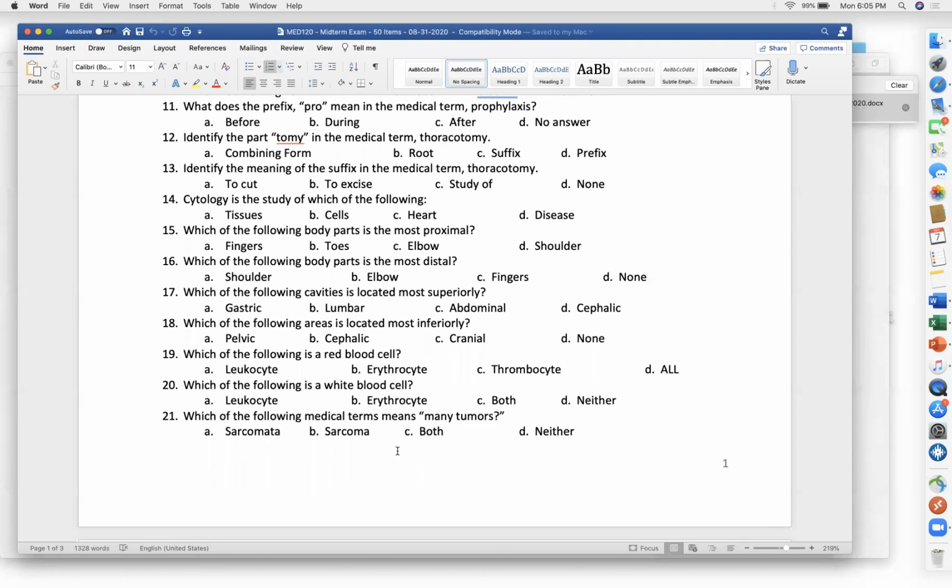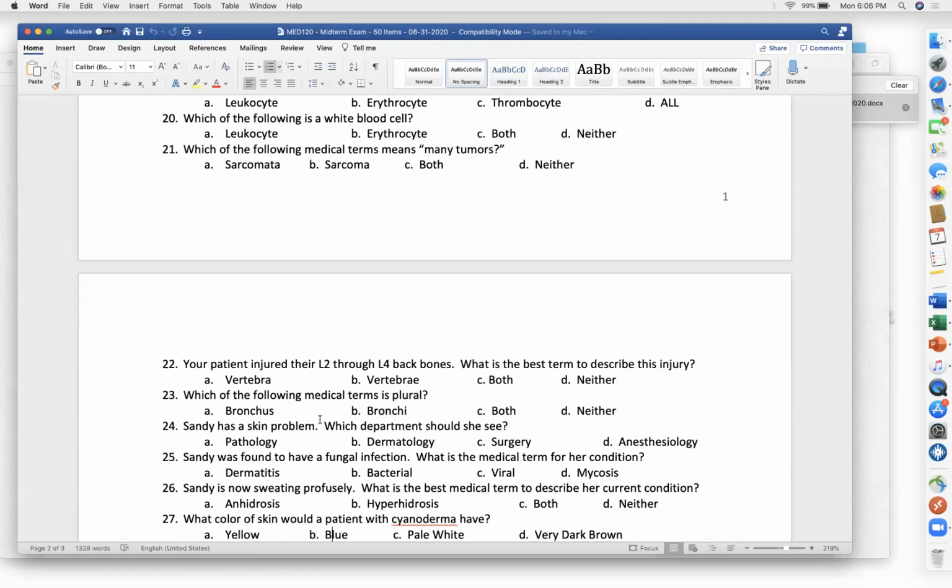Immediately you know it's from week 2, you're talking about singular versus plural. So of course, sarcomata, you have to be able to identify which one's singular and which one's plural. It can't be both, right? It can't be neither. It's got to be one. We already know that a sarcoma is a tumor, and for 21, many tumors is what? Sarcomata.